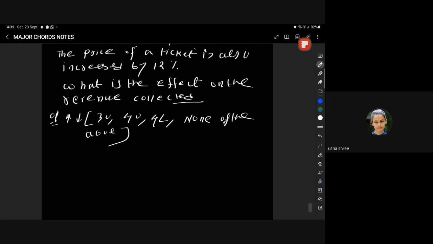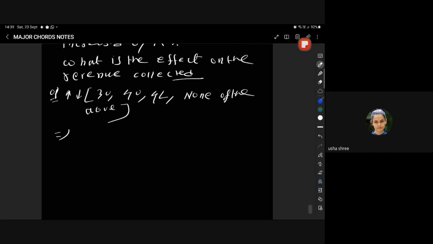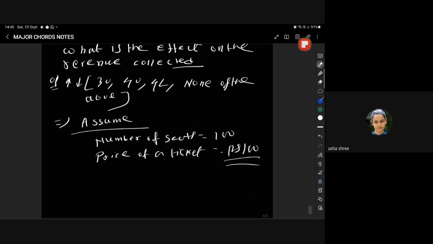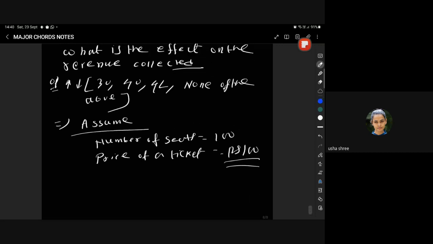Suppose, let's assume number of seats is equal to 100, and price of a ticket is equal to rupees 100. Then what is the net revenue? Earlier, before increasing, what is the net revenue?